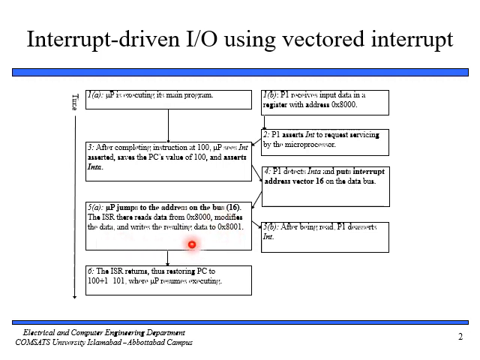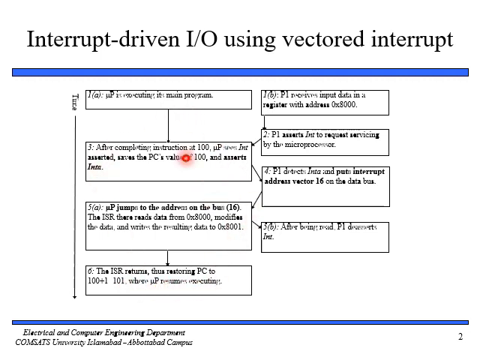This is similar to what we were doing before. In 5B, after being read, P1 deasserts int. So now P1 will deassert its interrupt signal. In 6, the ISR returns to the main program. So we restore PC to 100 plus 1, that is 101, where the microprocessor resumes executing.